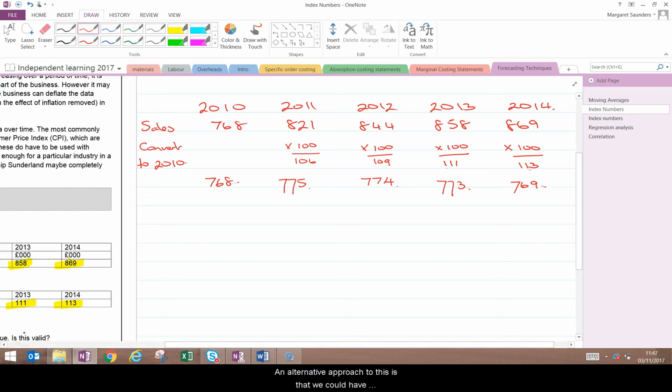An alternative approach to this is that we could have converted all of our prices to 2014. And we could have made 2014 the base year.